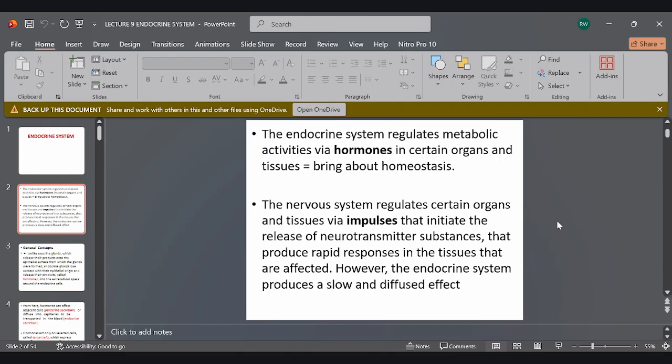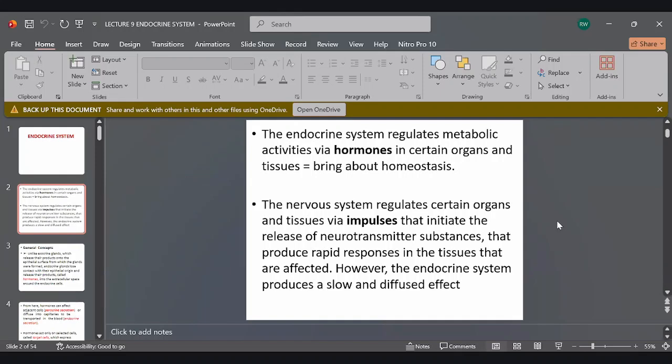Now, the endocrine system consists of several organs. It is good to list these organs. So the first endocrine organ we have is the pituitary gland. You can write them down.